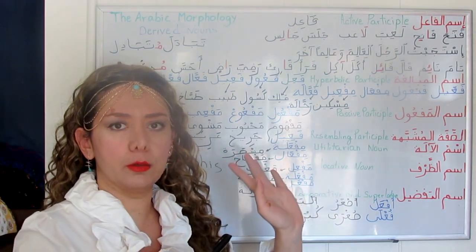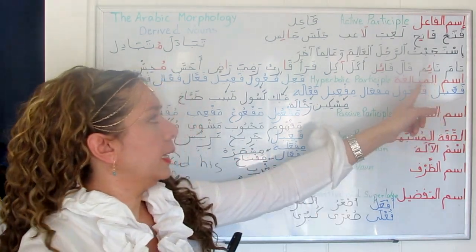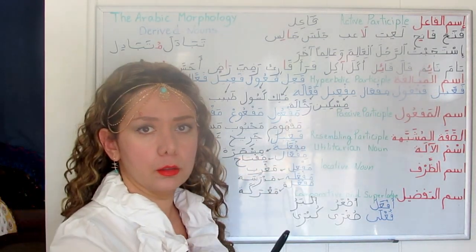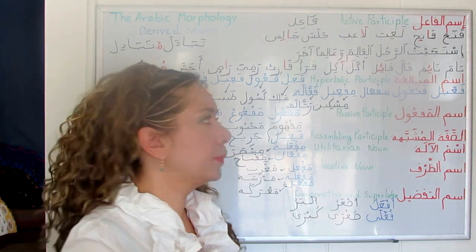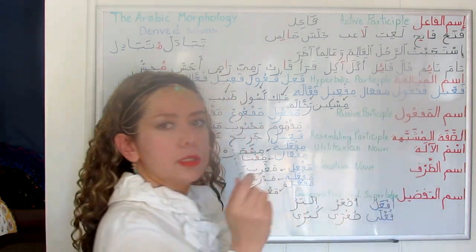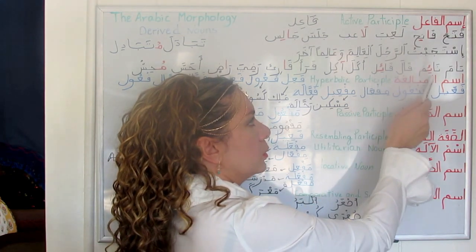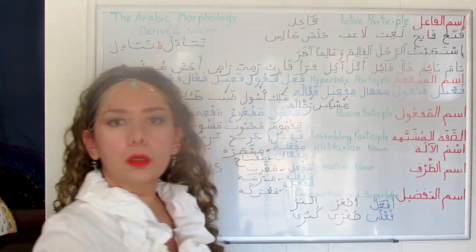Of course, ya without dots. نائم, and it comes before the last radical. So نائم, asleep. قال, to say, to tell. قائل, again, the same pattern.